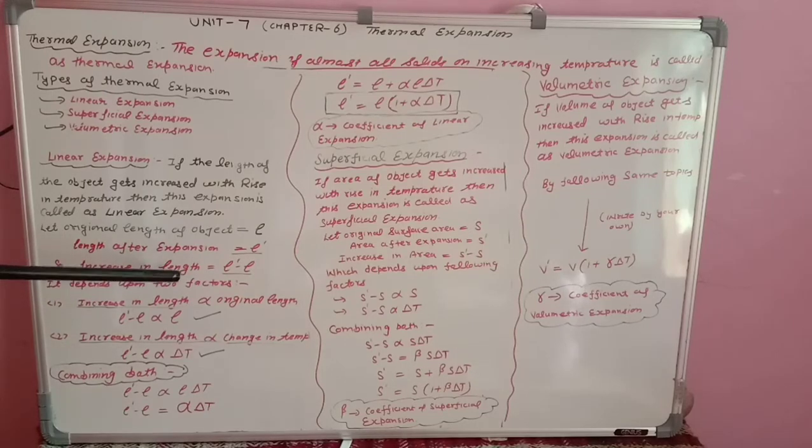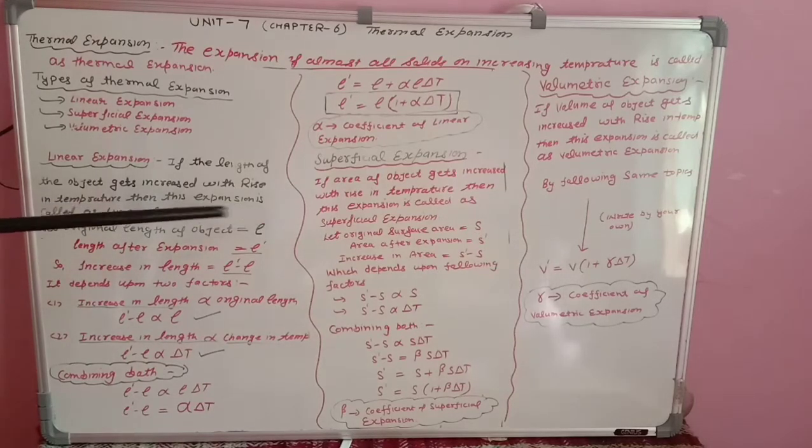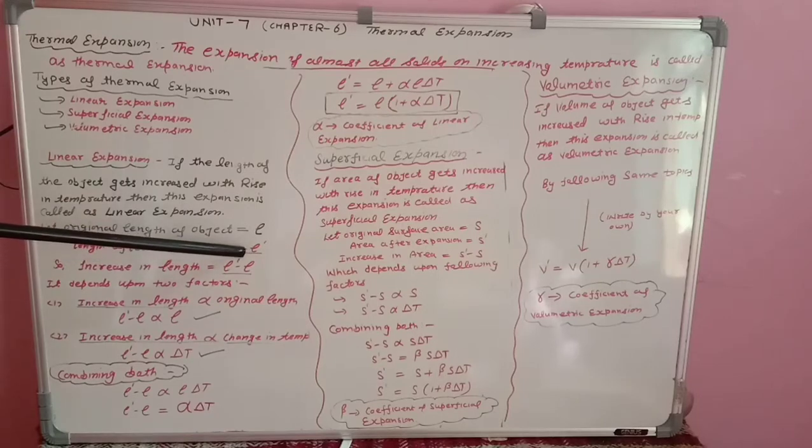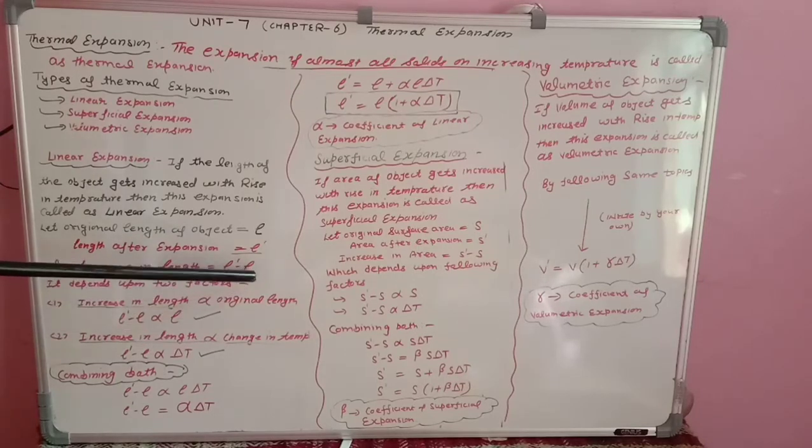What is the increase in length? That is L dash minus L. Okay, 7 minus 5 equal to 2 centimeter. So this is just an example. Okay, so if L is the original length, L dash is the length after expansion, so what will be the increase in length? That is L dash minus L.